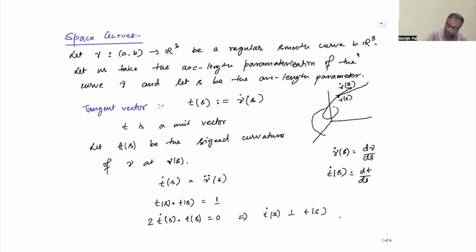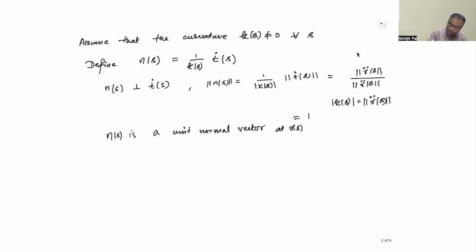If I go back to this picture, we have this tangent vector here. Let me draw it again. We have this three-dimensional space, and suppose we have some curve like this.